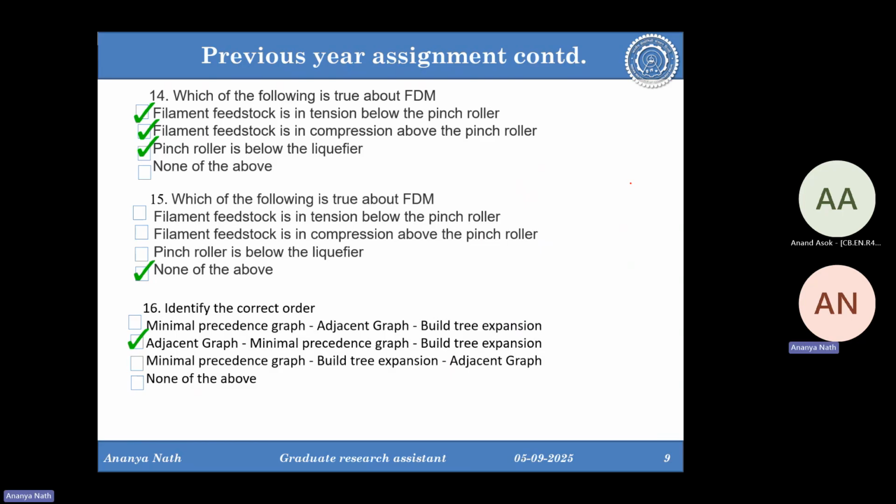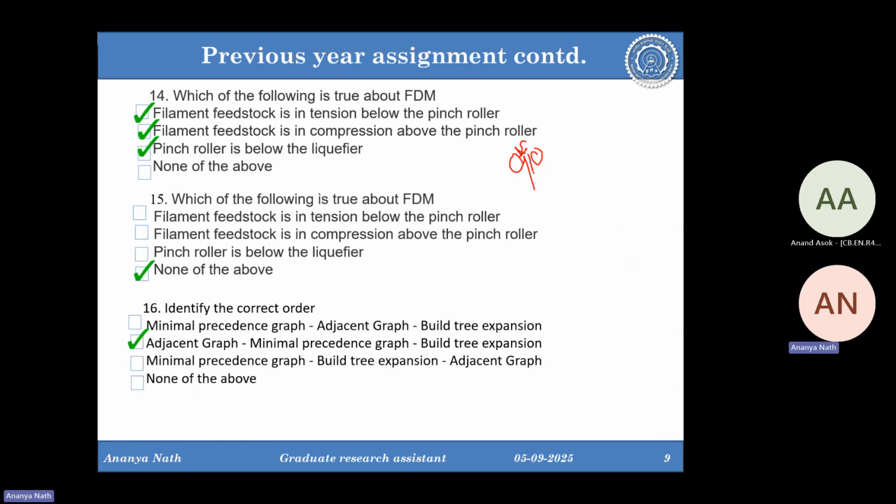So filament feedstock is in tension below the pinch roller. True. Filament feedstock is in compression above the pinch roller because you are putting the wire inside the pinch roller. If you remember, your pinch roller is here and you are putting the wire. So it's not in tension, but it's in compression.